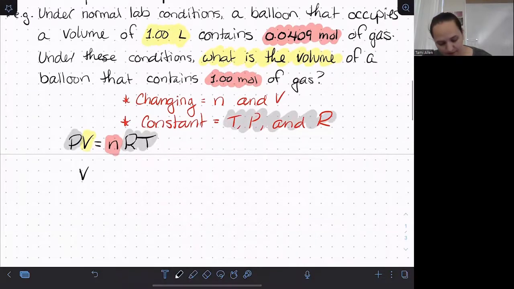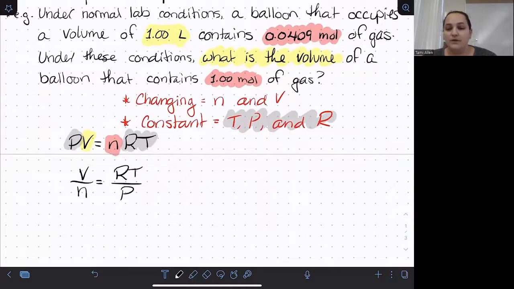One way to do that is to divide both sides by N. We need to get P out of there over on the other side with RT. So we can divide both sides by P. Again, if you did kind of the opposite and you ended up with the inverse of this, totally fine. You should get the same answer in the end.